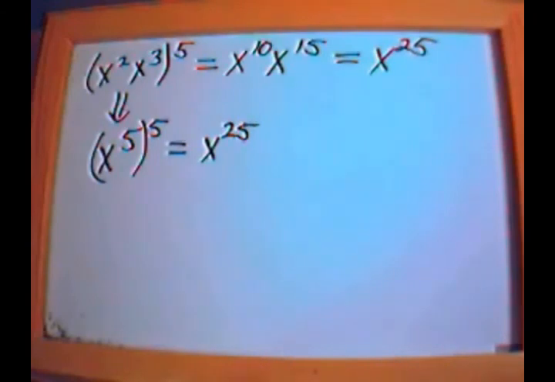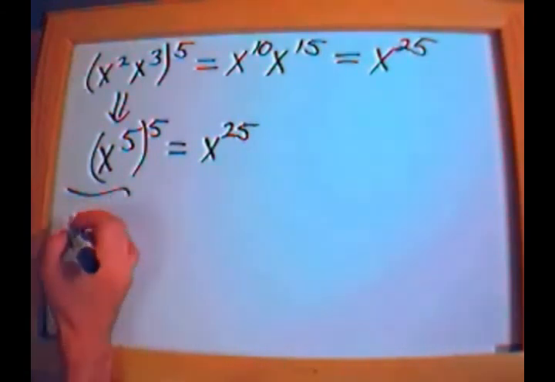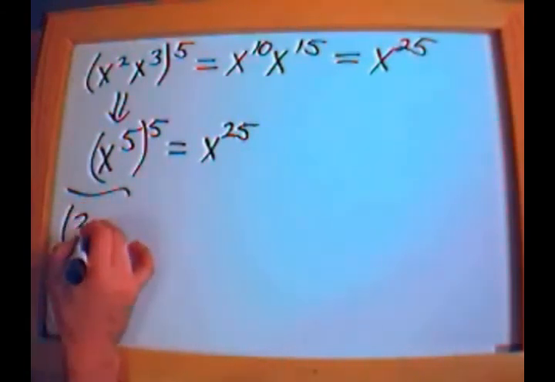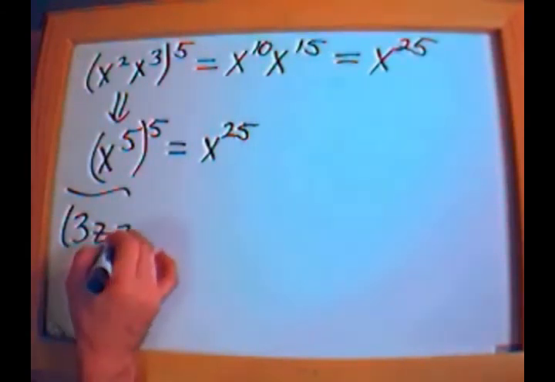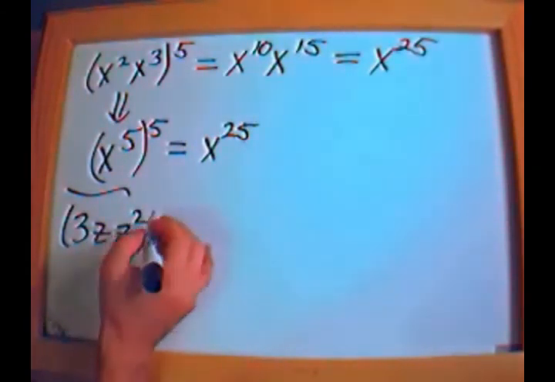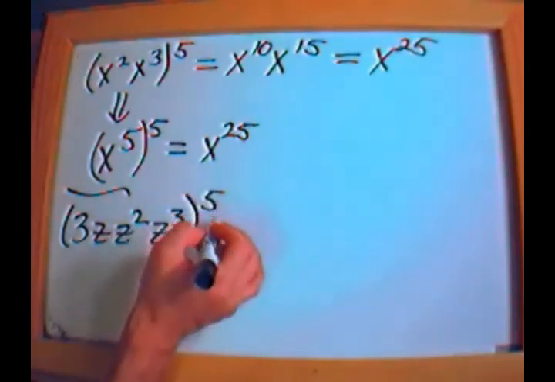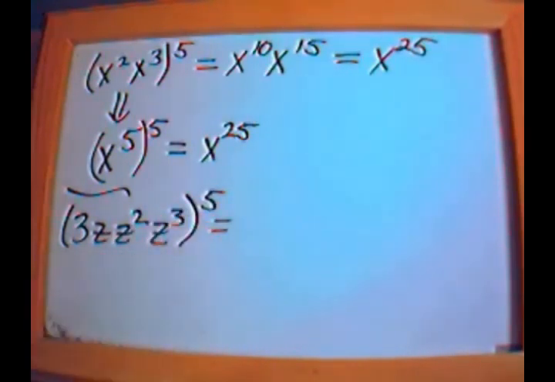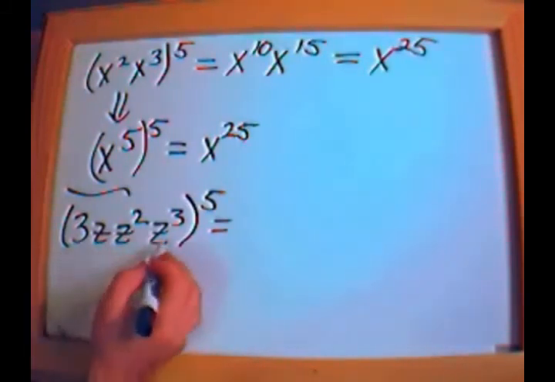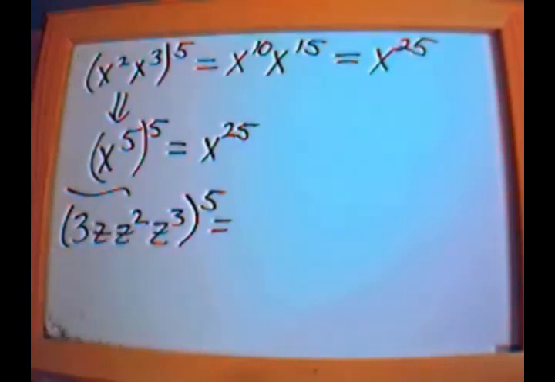Okay. Let's say I've got something like 3z times z squared times z to the 3rd all raised to the 5th power. Well, this one I'm definitely going to simplify the inside first. So what I'm going to do is I'm going to go ahead and simplify these z's by adding the exponents together.